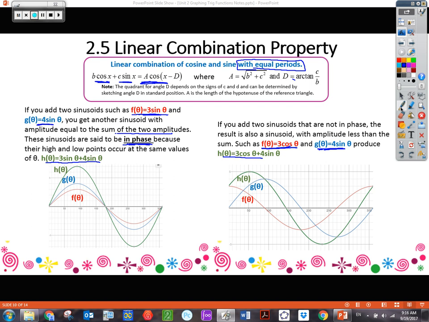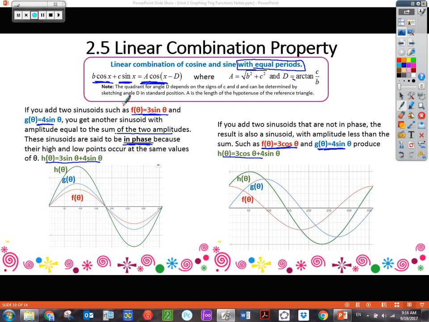So we have b cosine plus c sine equals a cosine of x minus d. Now I want to point a couple of things out. Your sine and cosine, they could write them in the problem reversed. They might try to do that to trick us, right? They might write the sine first.